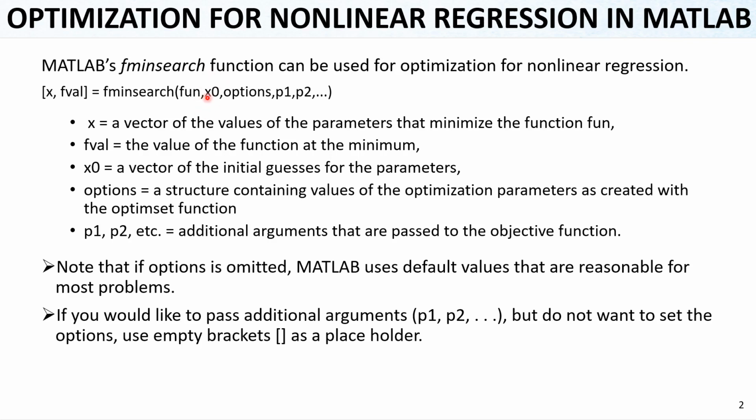x0 is the initial coefficient values. Because the coefficients are unknowns for a function, we need to define them here. Options is a structure containing values of the optimization parameters as created with the optimset function. This may not be necessary. We usually use the default values, but to use default values, you can put a bracket here, just an empty bracket. P1 and P2 are the additional arguments, but these are the data actually.